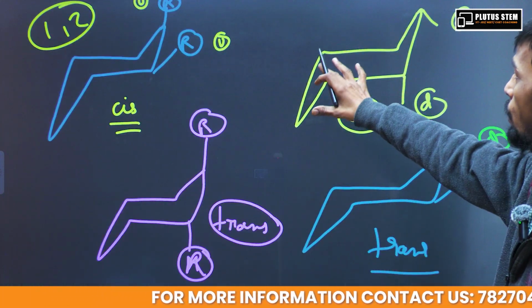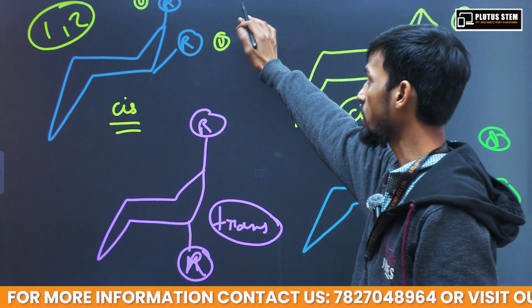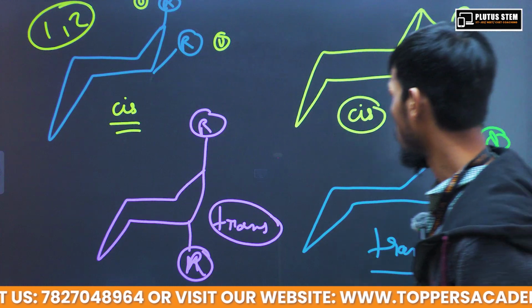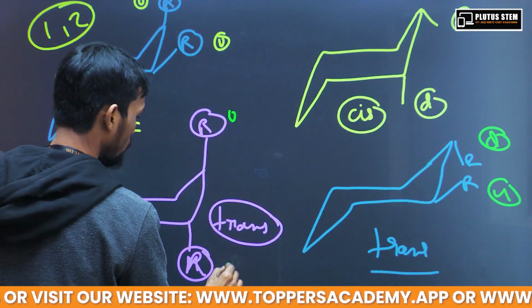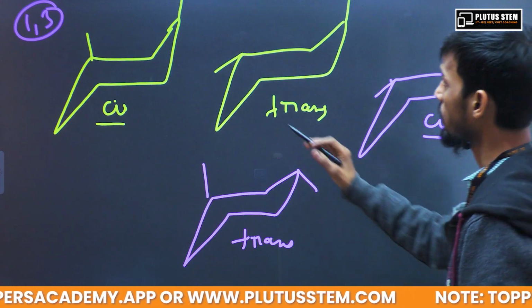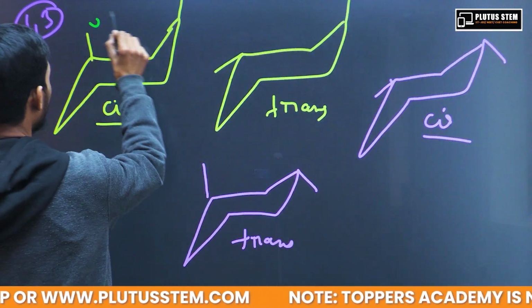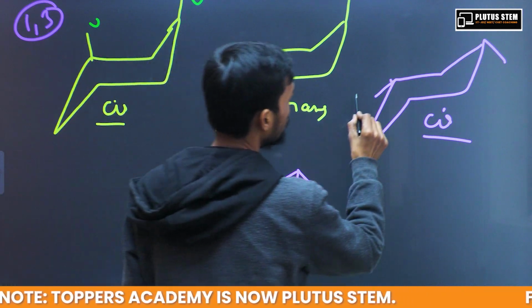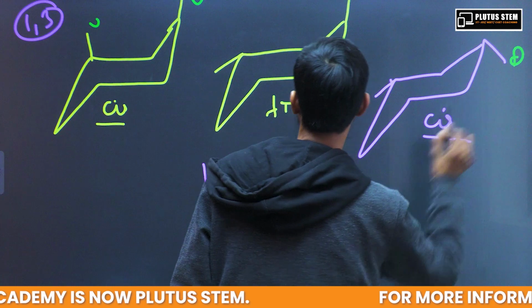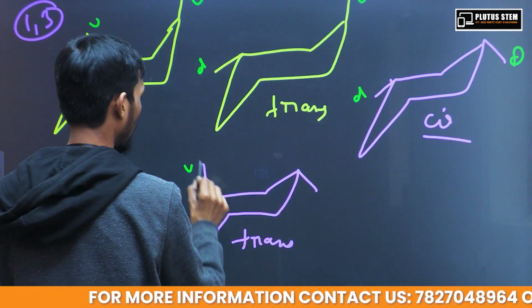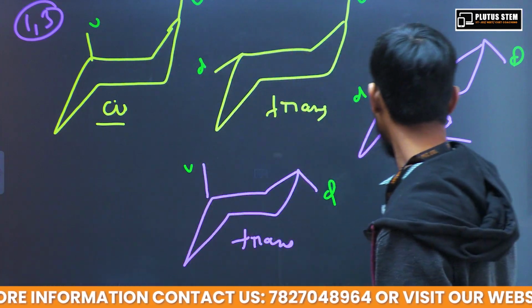So I have discussed for 1, 2 position, when they were both upside or both downside, they were termed as cis. One upside, one downside, or downside and upside, they were termed as trans. The same here also, if both are upside, they were termed as cis, and if both are downside, they were termed as cis. Here, one downside, another upside, one upside, another downside, they were termed as trans.